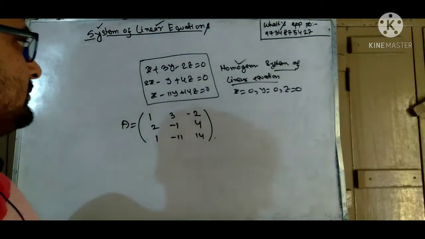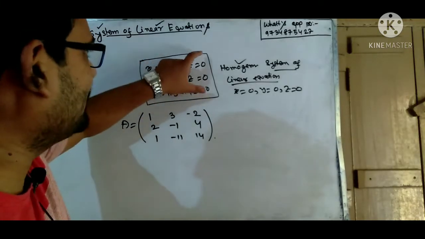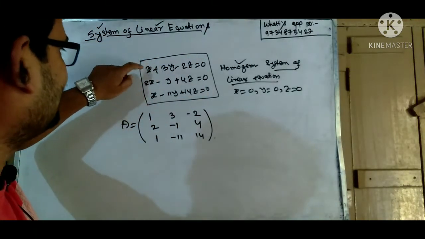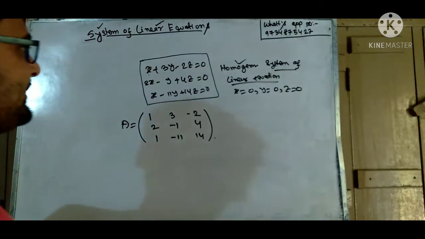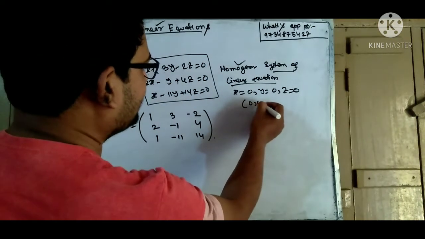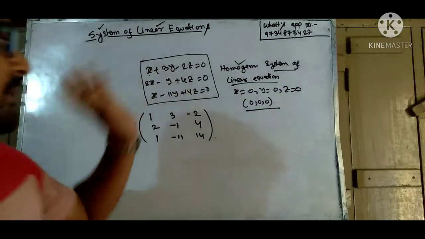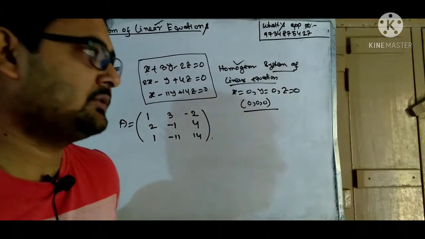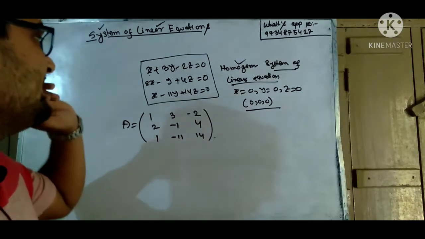So, whatever equations are given in a homogeneous system, if the system is homogeneous, then 0, 0, 0 is the obvious solution of the system of homogeneous linear equations. This solution is called the trivial solution.